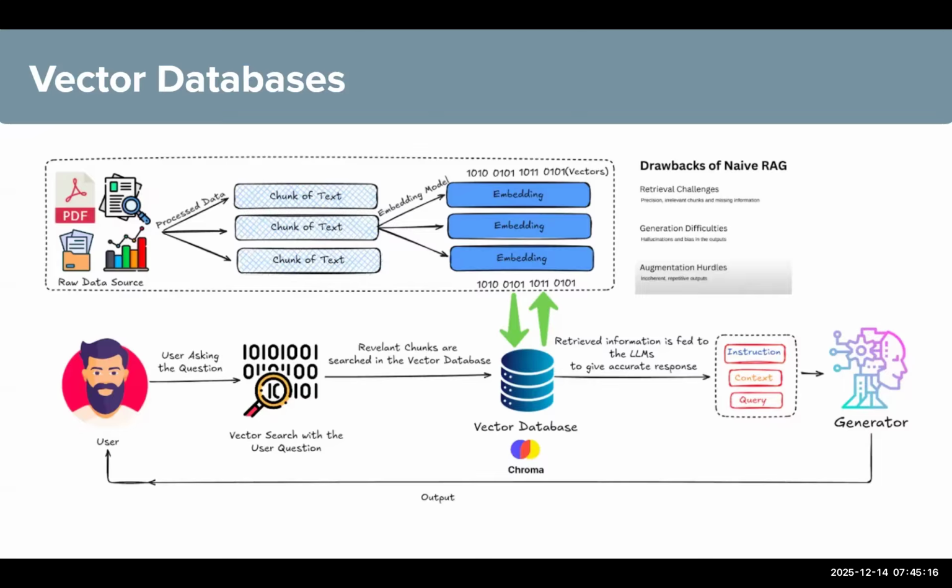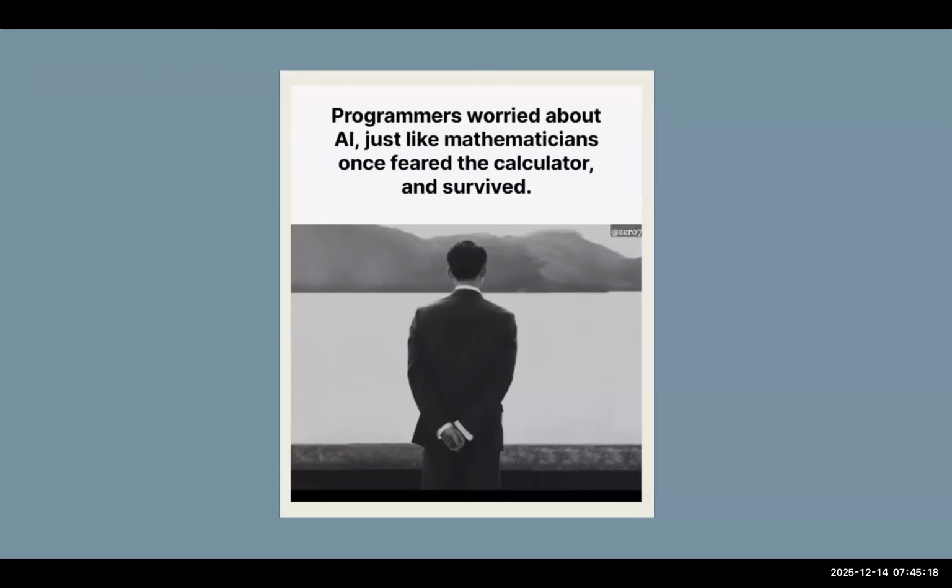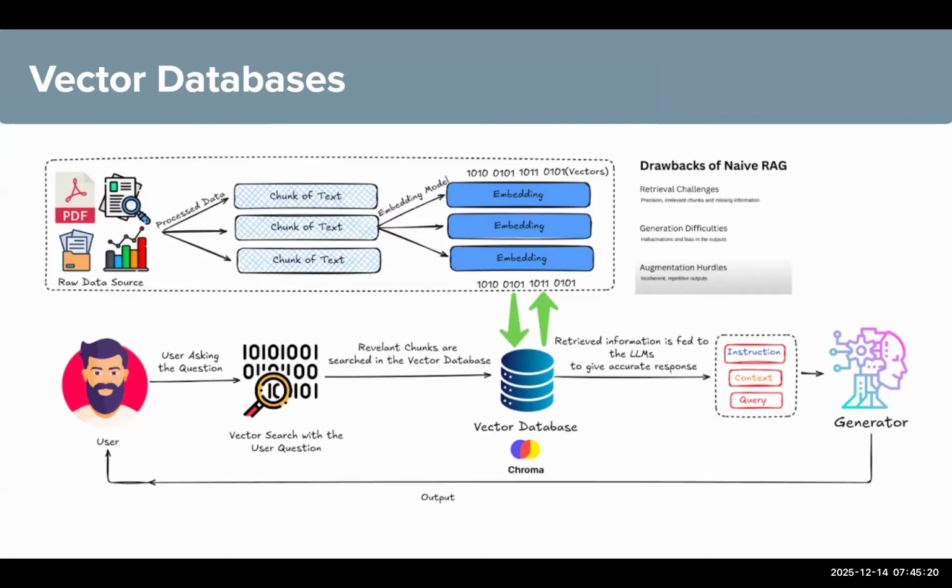Okay. Now, with that premise, let's get back to the vector database. So yesterday we also did a demo of how to choose an embedding model, what it does, and how to generate embeddings from the input.